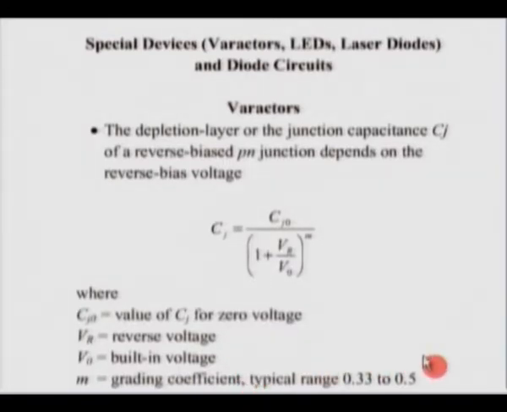Typically, for a PN junction diode it will be of the order of 0.3 to 0.5. So, when Vr is equal to 0, you would get Cj0.